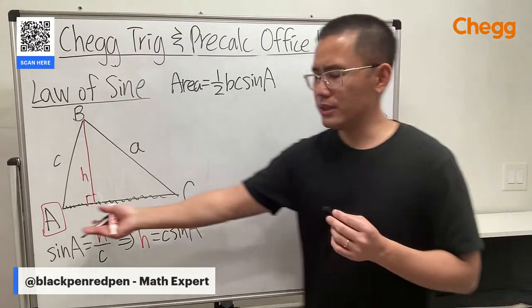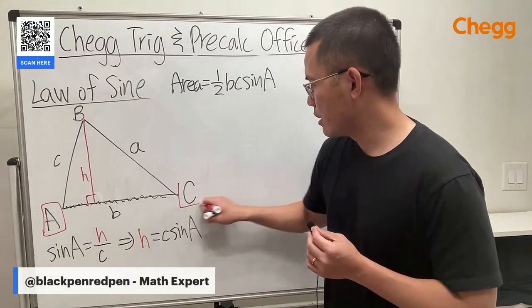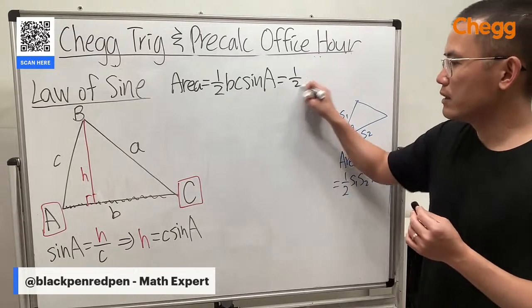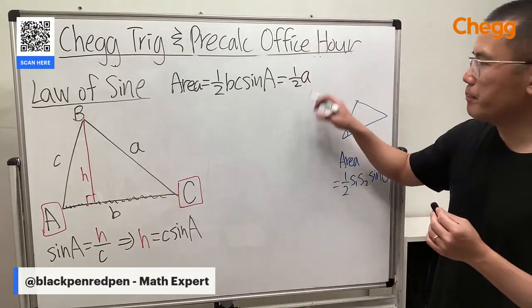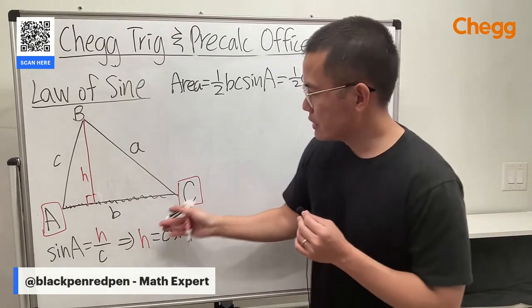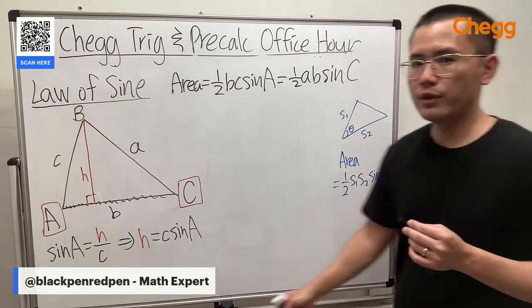But I don't have to do it like this. I can also look at this right here for my angle. In that case, 1/2 adjacent sides we multiply, so a and b, and then we have sine C. And that's exactly what we went over here.